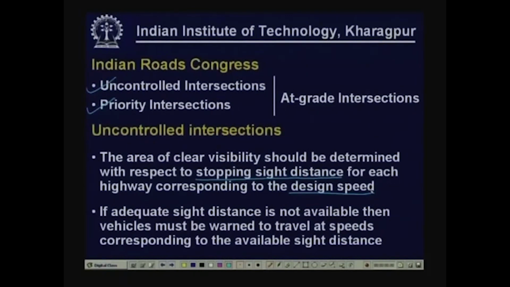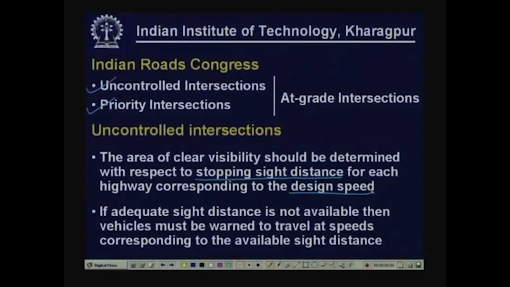That means, if due to cost consideration the required clear area is not available, and there is an obstruction which is very expensive or costly to remove, in that case we may still compromise with a lesser dimension of side triangle, but then the approach speed is to be modified.